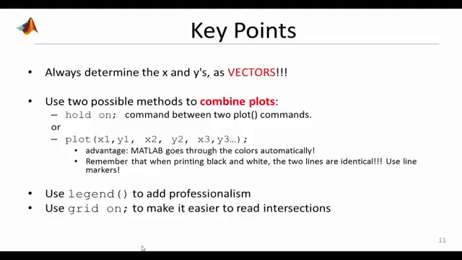It's always by pairs, and if you want to introduce the line specifier on top of it, why not? Remember that when printing black and white, this is useful. The line specifier need to be there, diamond, dash dotted, and all those. Using a legend will add professionalism to your plot. Using grid on will make it easier for you to read intersections.